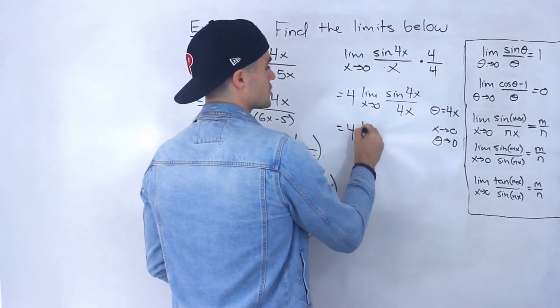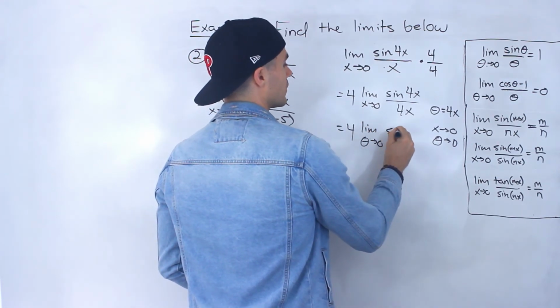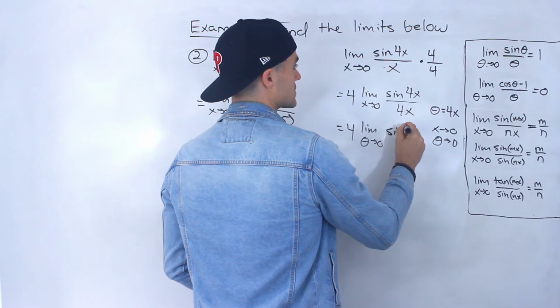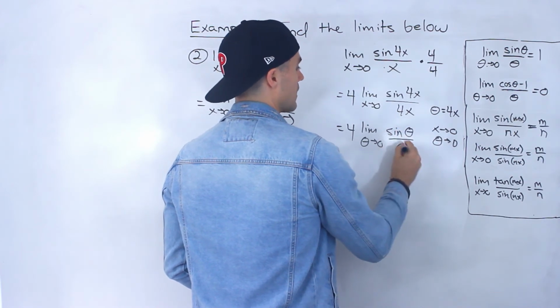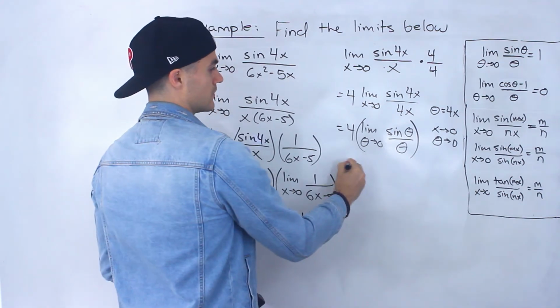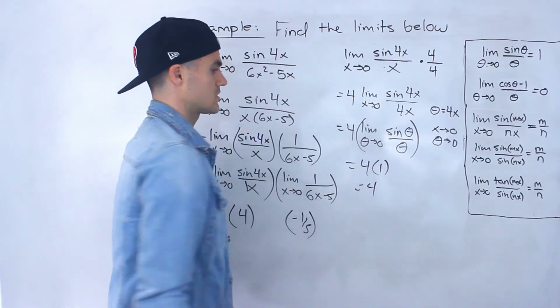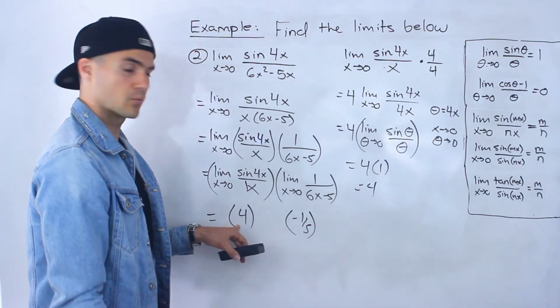With that change of variable, we end up with the limit as theta approaches 0 of sine theta over theta, which we know is equal to 1. So you'd end up with 4 times 1, which is equal to 4, which is what we got here.